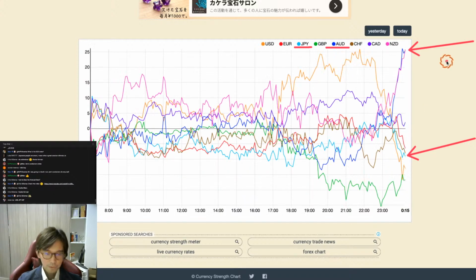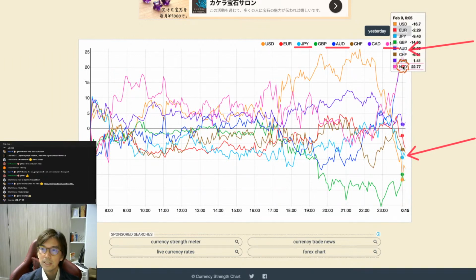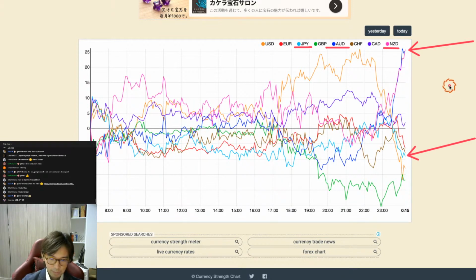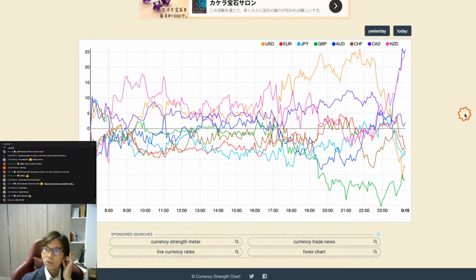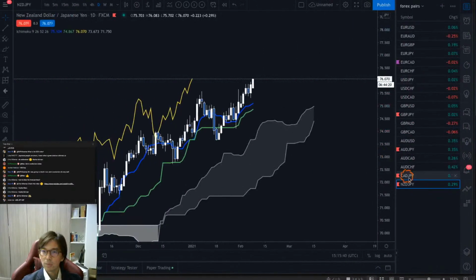But if you wish to trade, then NZD would be also the one, because NZD at the moment is all the way at the top, and also AUD currency. So looks like NZD is getting stronger and stronger now. So I think NZD is growing and growing at the moment.